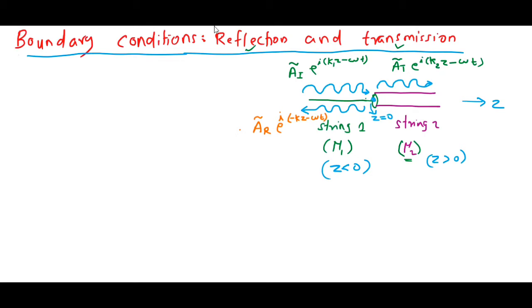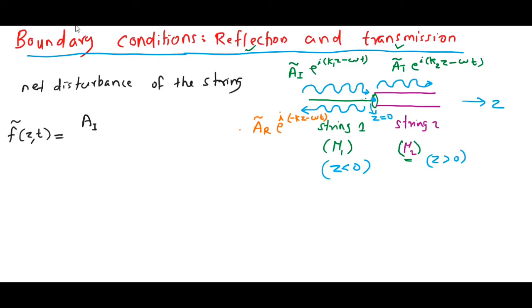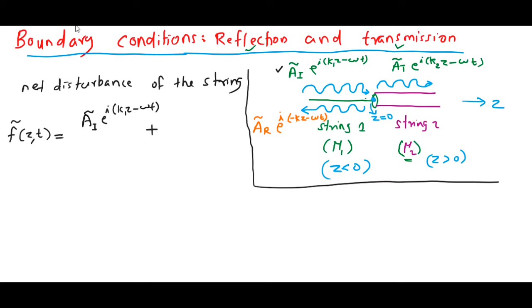Therefore, the net disturbance of the string was denoted like this: f(z,t). In the z less than 0 region, or in the first string, we have two waves: the incident wave and also the reflected wave. The incident wave is denoted by A_i e^(i(k1 z minus omega t)).